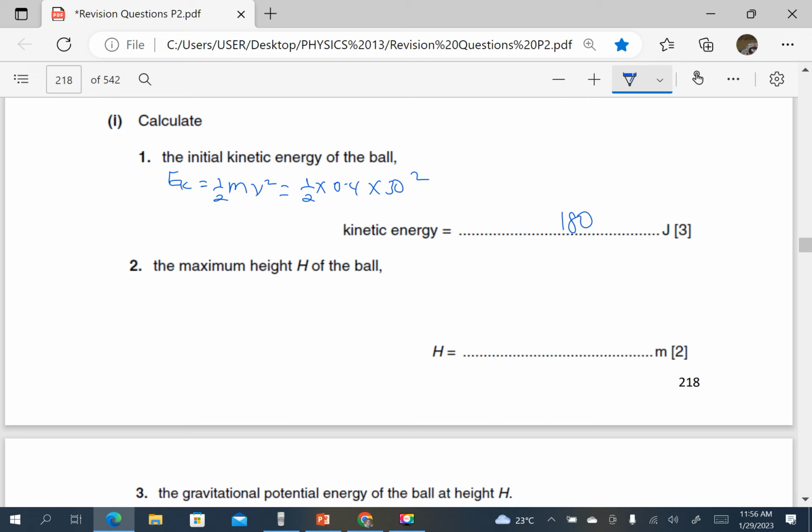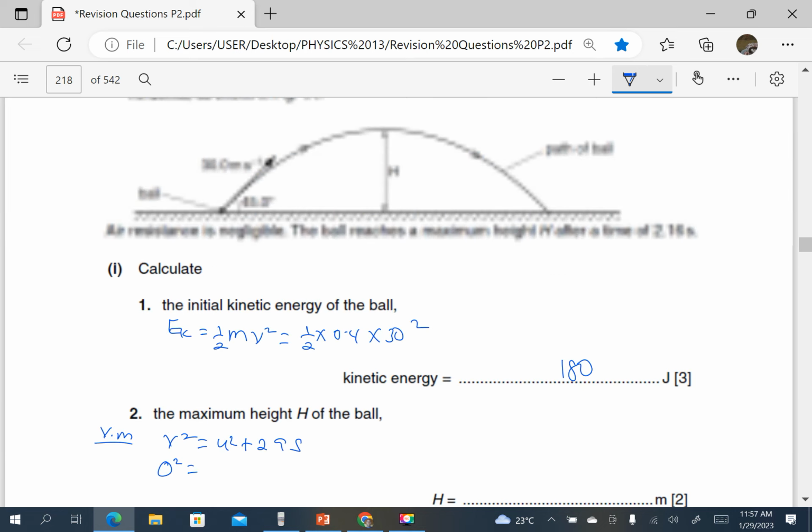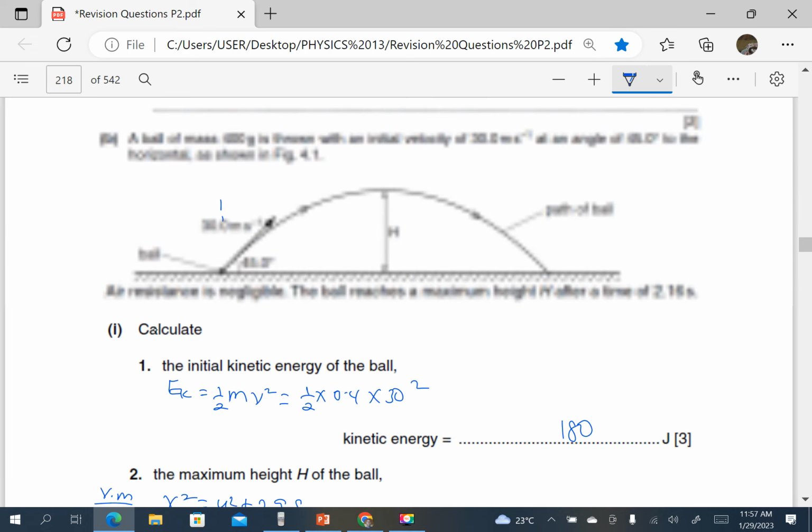Then the maximum height h of the ball. Of course, we know at maximum height, velocity is 0, so we could use v squared equals u squared plus 2as. At maximum height, v is 0. We are considering vertical motion, so we have to resolve v in the vertical.